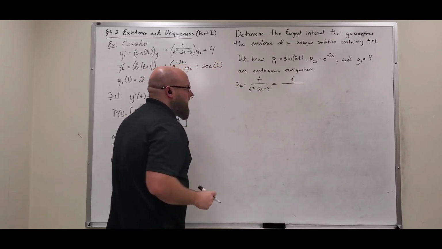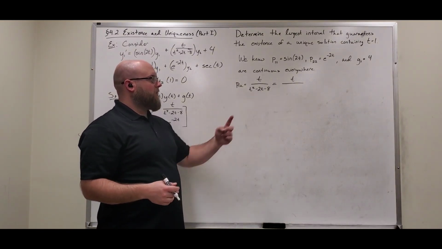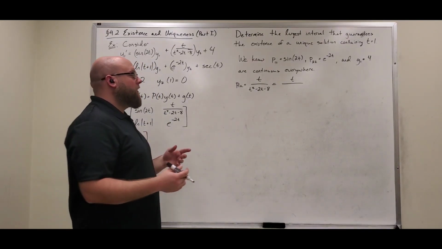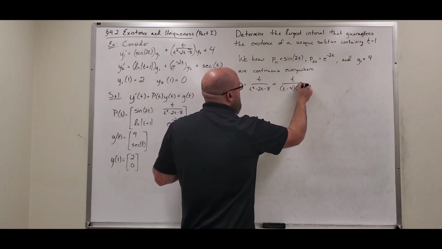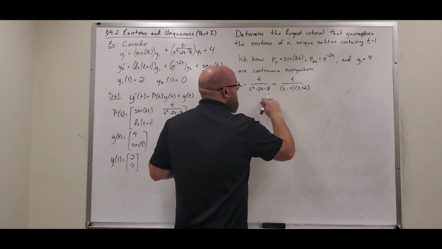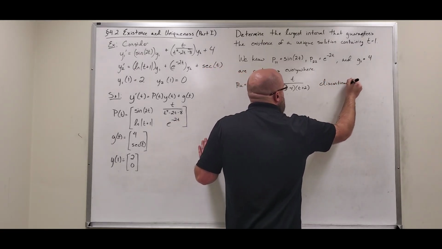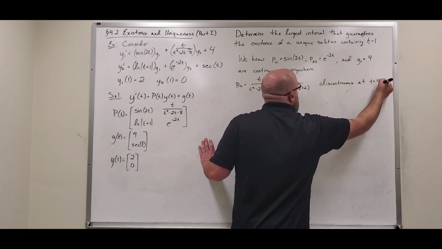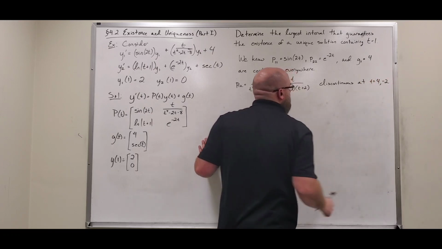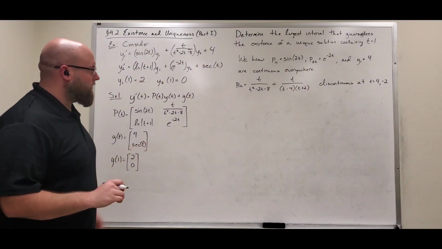The factors of negative 8 that, when added together, give us negative 2: since I have a negative and a negative, the larger of the two is going to be negative. So we get t minus 4 and t plus 2. So this guy is discontinuous at t equal to 4 and negative 2. Okay? So discontinuous, just two places, everywhere else is fine.